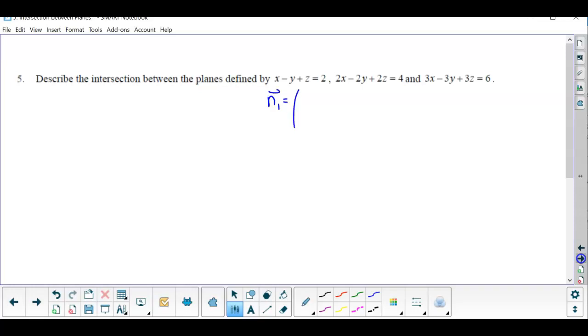Some of these, again, we kind of use the same planes. And you'll notice that those normals are all parallel to each other. So the planes are parallel, first of all.